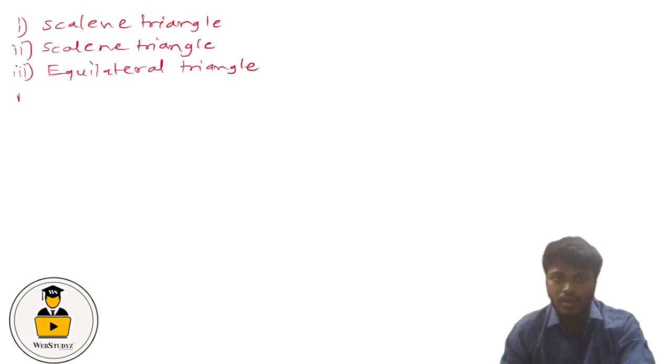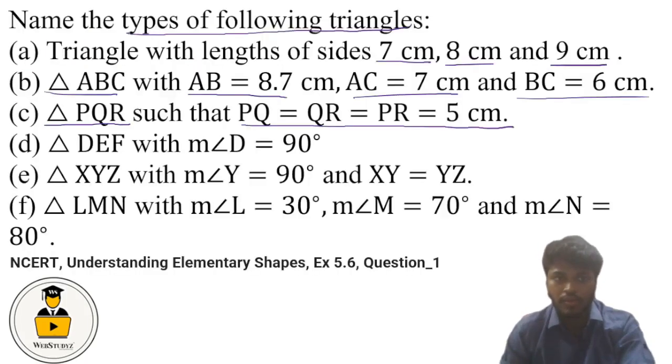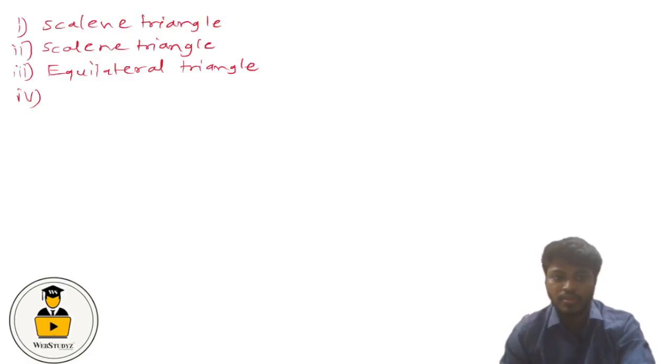Now let us look at the fourth question. The fourth question says that we have a triangle DEF with measure of angle D as 90 degree. So we know that if a triangle has one angle as 90 degree, we call such triangles as right angle triangle.